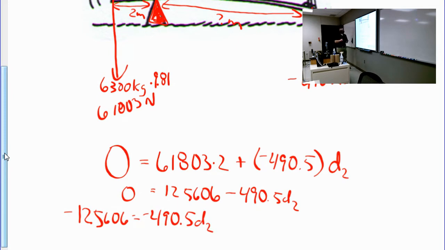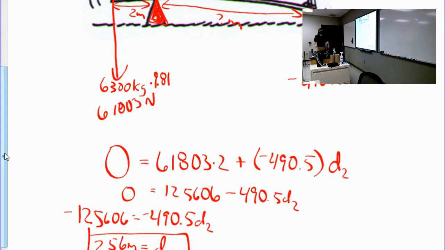I'm going to then divide by 490.5. And that gives me a distance 2 of 256 meters. That's how far I would have to stand away from the fulcrum to balance with an elephant.